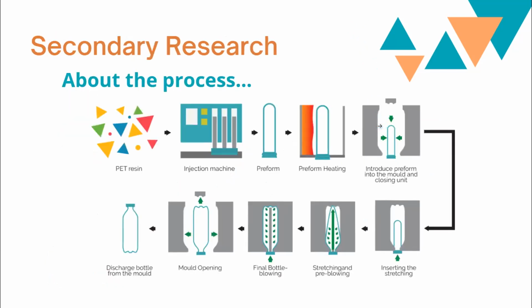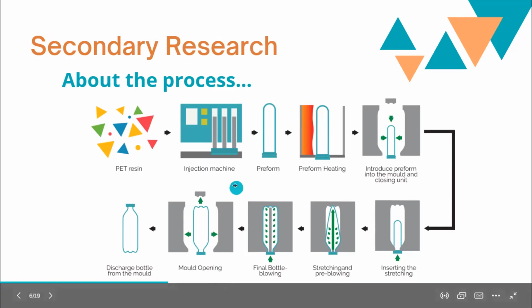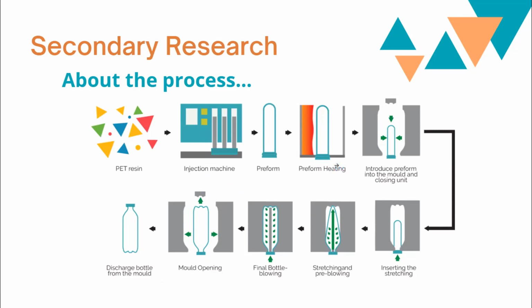Okay, the secondary research. We have the process. We have also consulted about the process. First, we have the PET material, which we are going to pass to the injection machine and obtain some small tubes, which will be pre-heated and put in the molds.